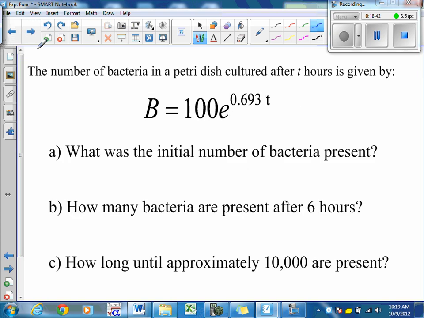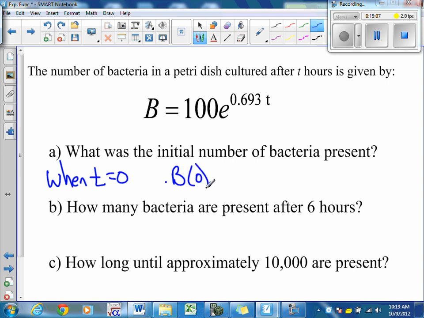So let's look at an example. The number of bacteria in a petri dish cultured after t hours is given by this formula. The bacteria is 100 e to the 0.693t. So what's the initial number of bacteria? Well, initial is when t is 0.